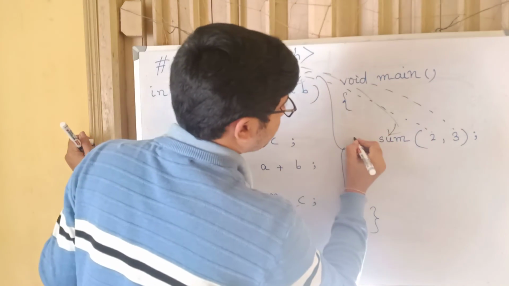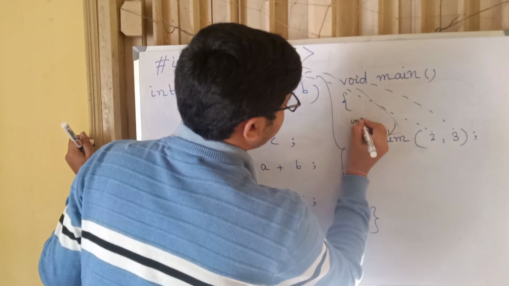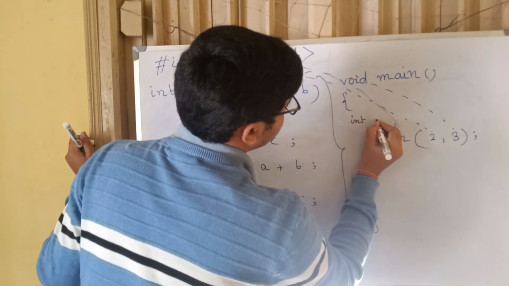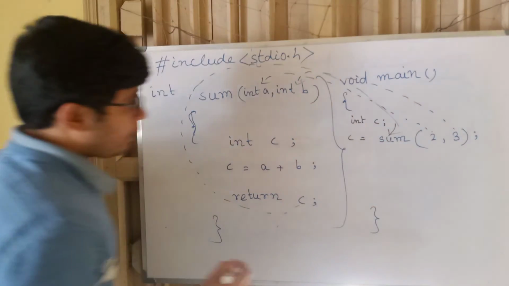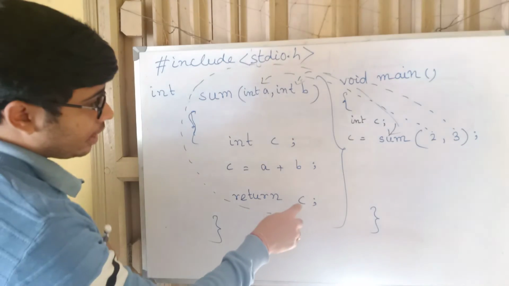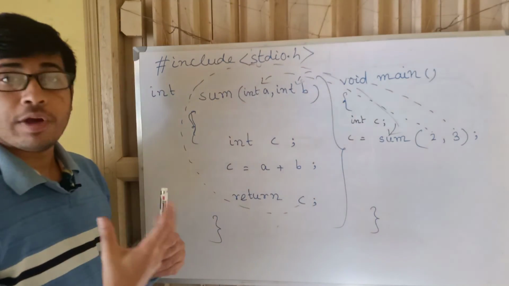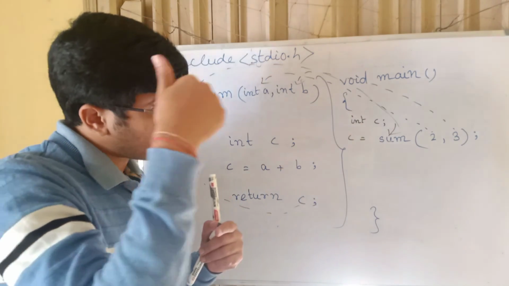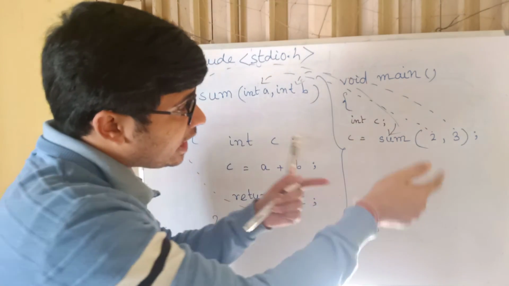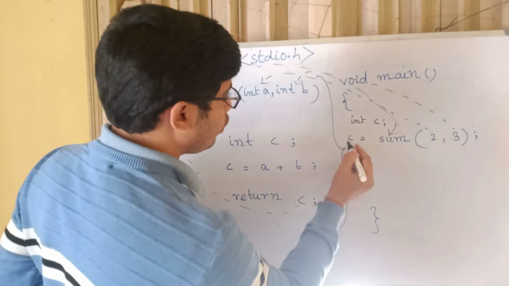So we can catch the value, like if we define int c equals sum, it means c will be returning the value, and where sum is called, যেখানে সামটা কল করা হয়েছে সেইখানেই আমি আউটপুটটা পেয়ে যাব. c will be returning, so c will hold the value 5.